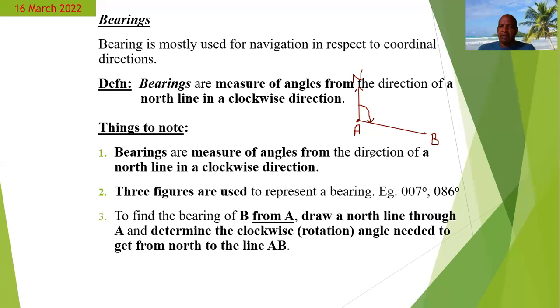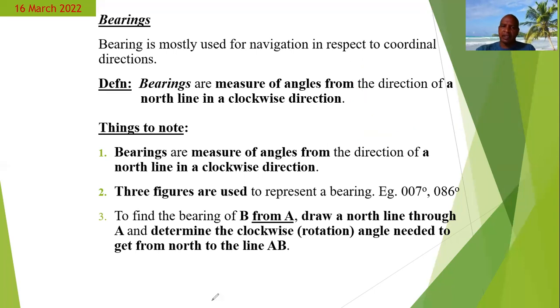Now, for our purposes, we will find ways of calculating those angles. So we may not actually use a protractor to measure the angle, but we may use our knowledge of trigonometry to calculate those angles. All right. So that's part of what we'll have to be able to do when we're doing bearings.